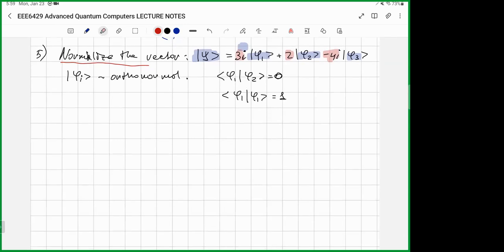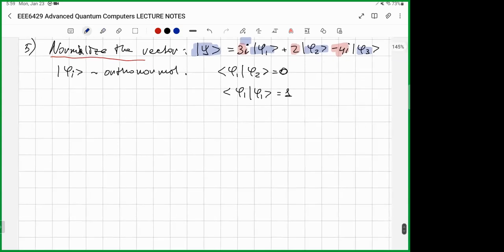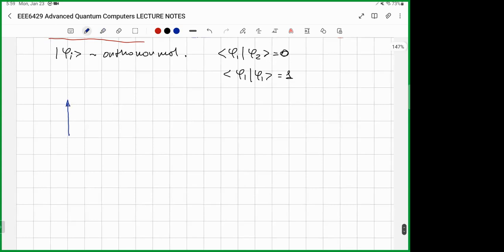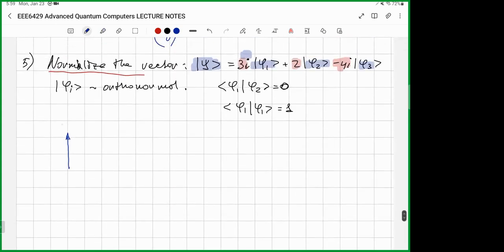Let me maybe actually draw this, how it looks like. I mean, how you can imagine this. So we have a space, we introduce this vector phi1, like another vector phi2 and another vector phi3, right? So this is the orthonormal basis in our space.